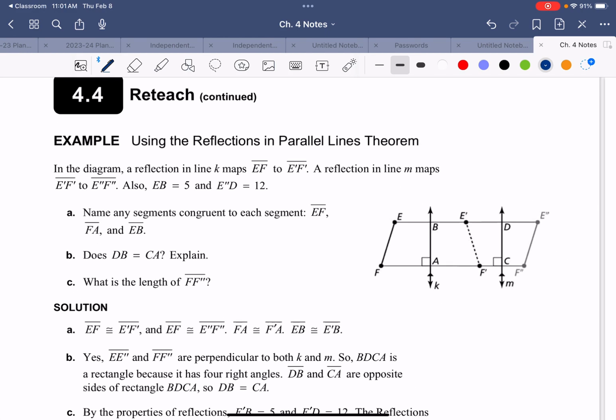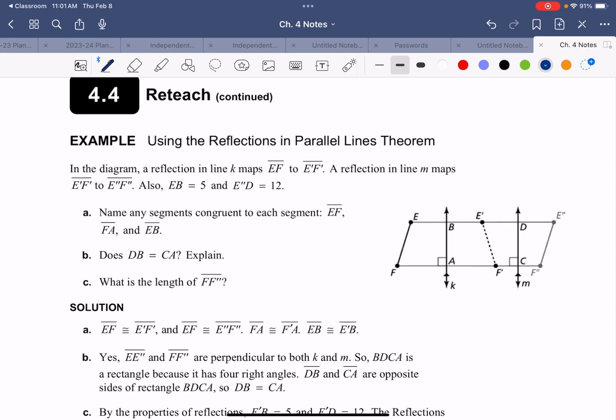So now let's look at this. Okay, here I've got two parallel lines, K, M. So there's my two parallel lines. And I have reflected EF over each one of them. Now, what I would know is if I know the length from here to here, then I would be able to say that this length is twice that distance.